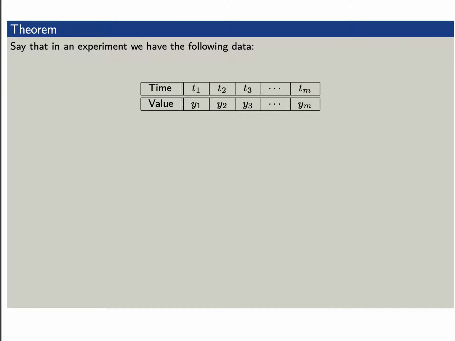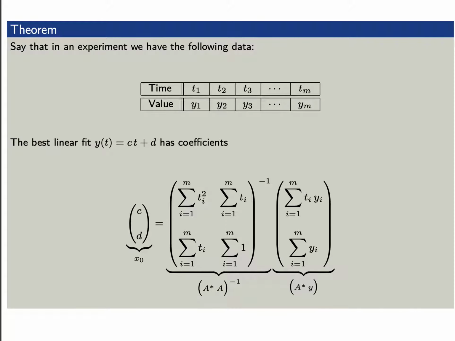In the last lesson, we discussed how to possibly consider a line which gives a good approximation to a set of data. Indeed, say that we have a set of data which consists of points (t1, y1), (t2, y2), and so forth. Then the best linear fit, that is a line y of t equals ct plus d, has coefficients c and d as you see here on your screen.